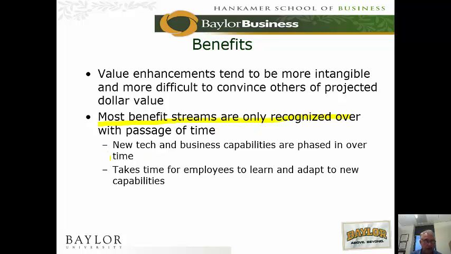So let's say a CRM: you're paying right now for consultants and software, implementation and so forth, but once you start using the CRM, these benefits may not cycle in until later. So I think you need to consider that as you build your financial model, and you need to use reasonable assumptions on that.